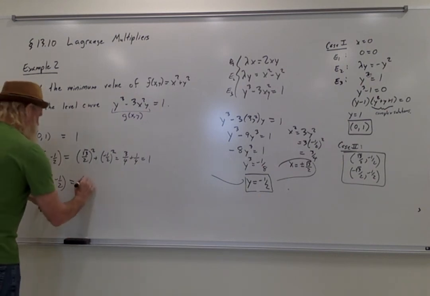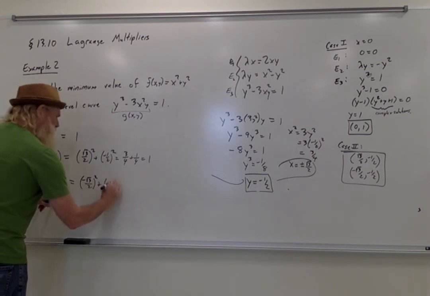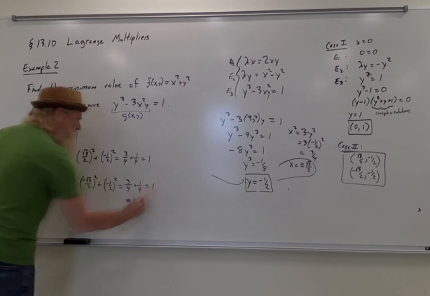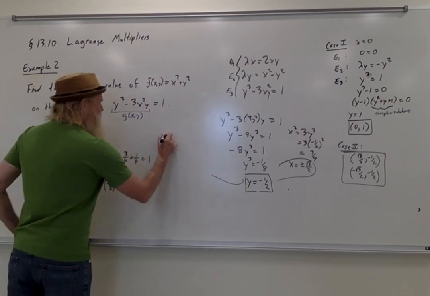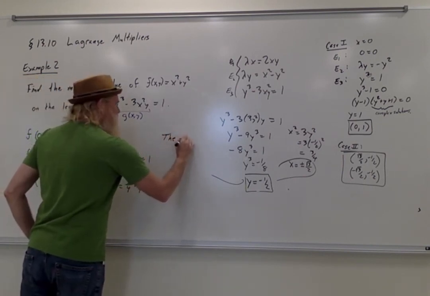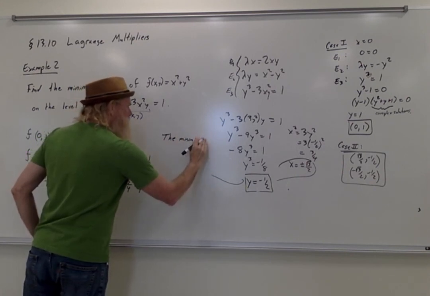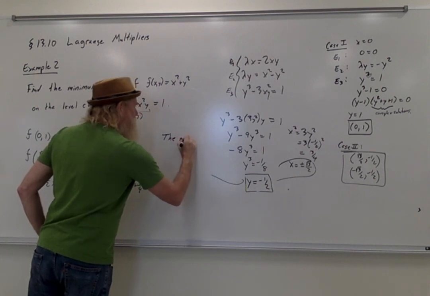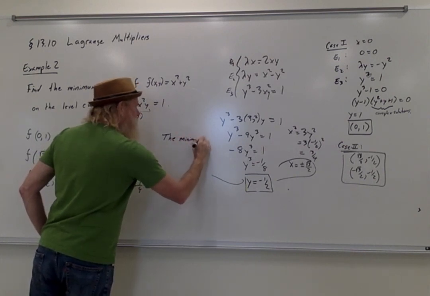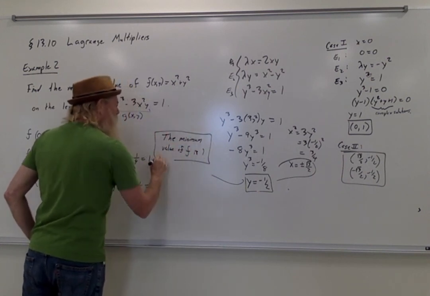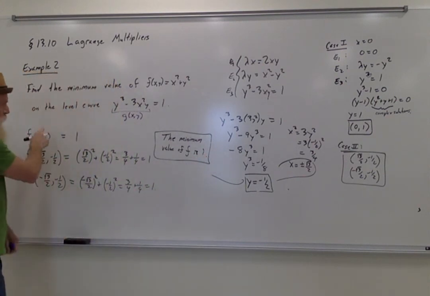And down here, negative square root of 3 over 2 squared plus negative a half squared, which is 1 again. So that kind of confirms it. The minimum value of f is 1, and it happens at all 3 of these points.